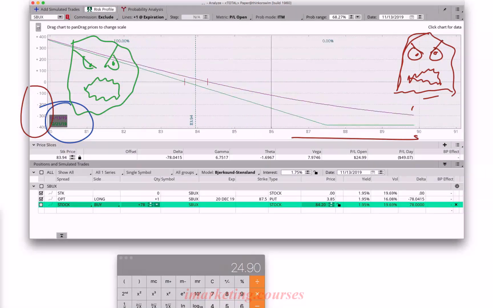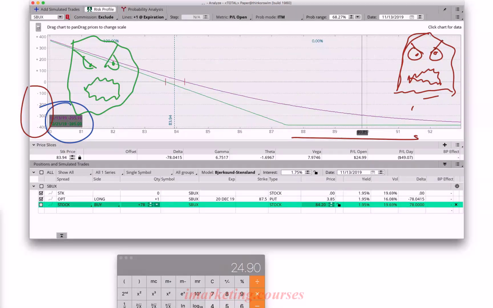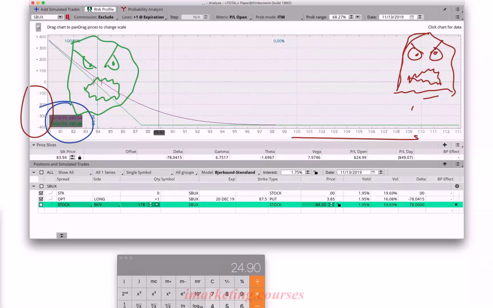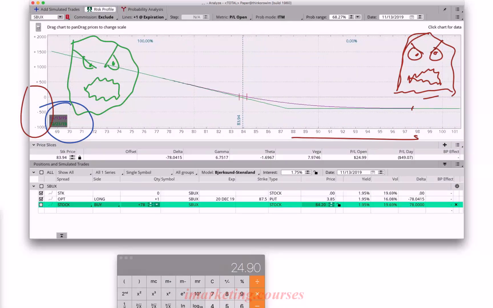And if I bring in a little time here, see how it stops and it starts to curve. In fact, if we look at this from this standpoint, this monster gets pretty tame in this area. We're still down $500, but he gets a little more tame. Why did I choose 78?